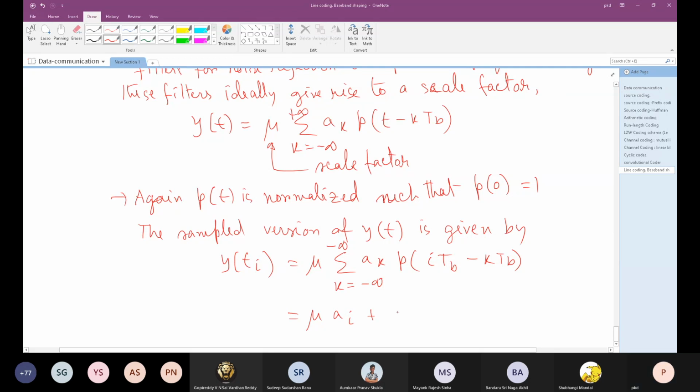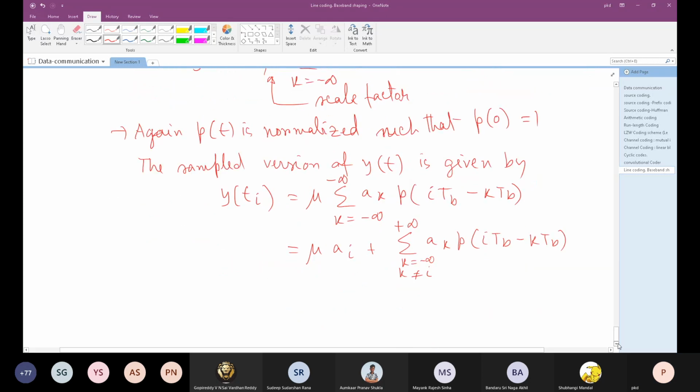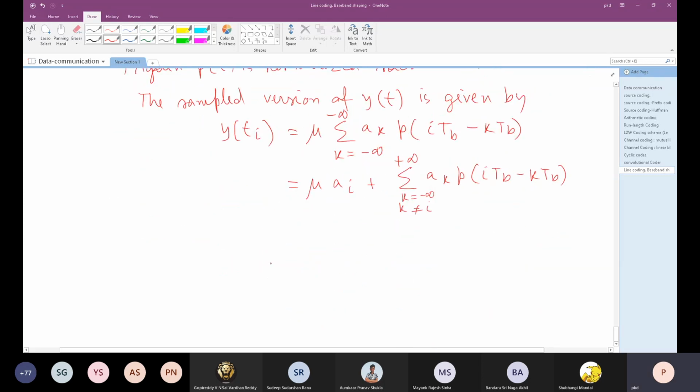And the rest, for k not equal to i, is the summation from minus infinity to plus infinity of ak p(iTB minus kTB). So ideally we should have only mu into ai.